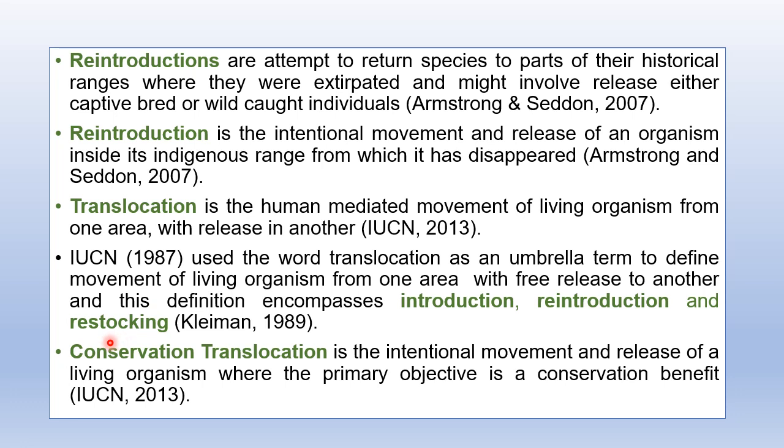That's why I have written here conservation translocation is the intentional movement and release of a living organism where the primary objective is a conservation benefit. The primary objective is conservation benefit that comprise improving the conservation status of the focal species locally or globally and restoring natural ecosystem function or processes.